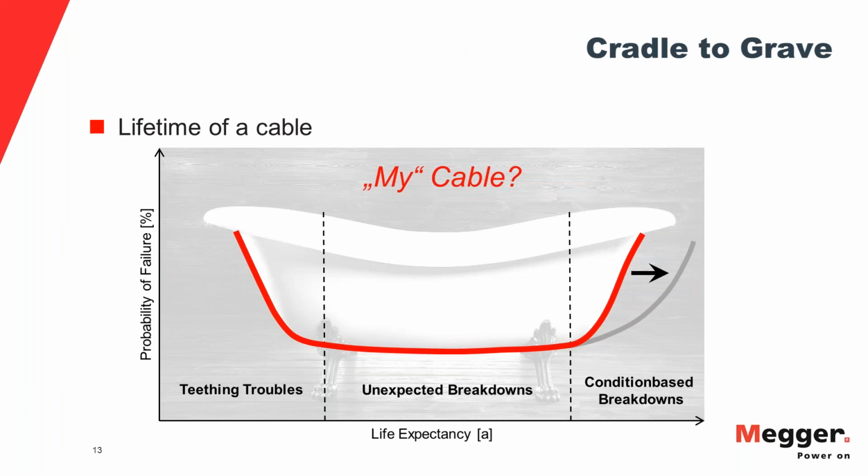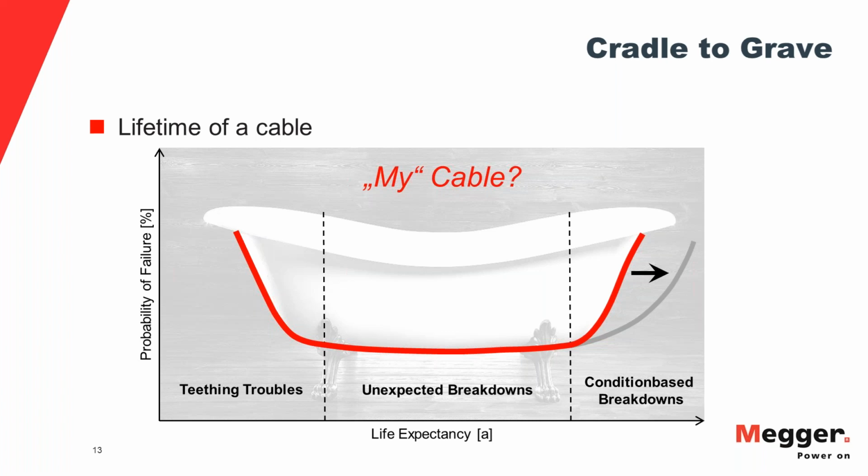You will have some unexpected breakdowns. Most of them in the cable world will be induced from external sources. Let's say you have a cable installation and a severe lightning strike causes a cable fault. That would be one of these unexpected breakdowns.